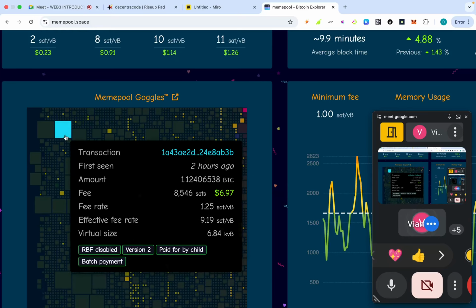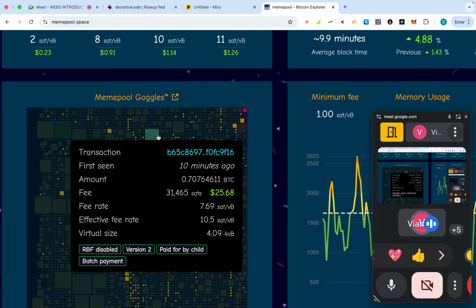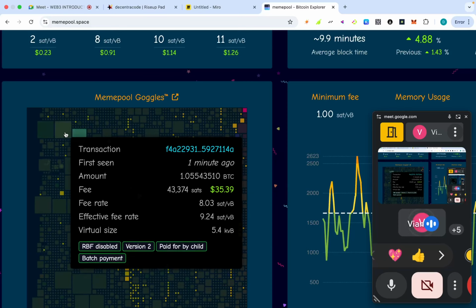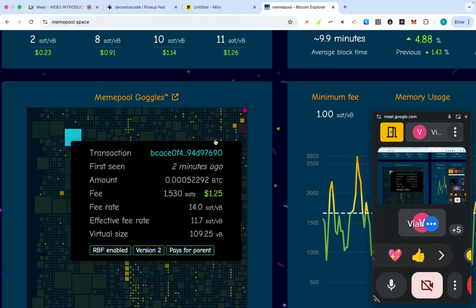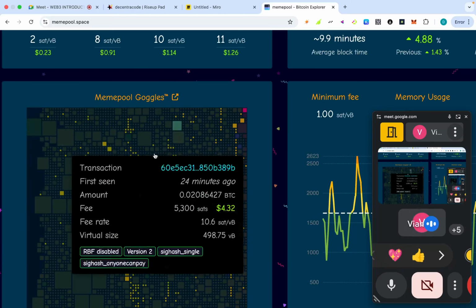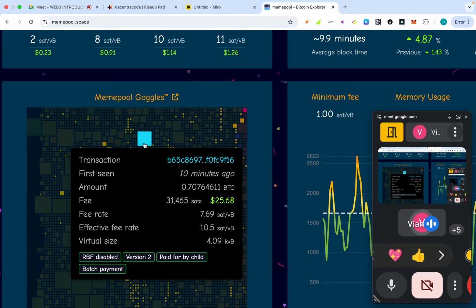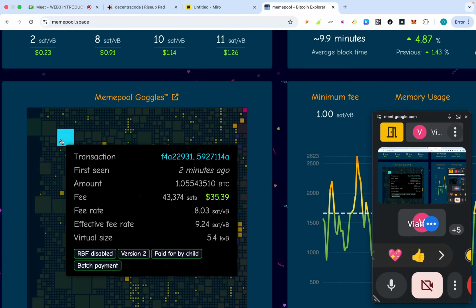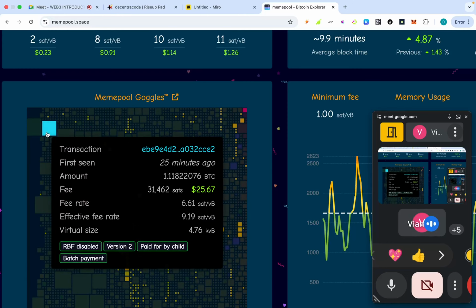Now I want you to look at this. Now this is 1.1, and it is almost the same price in gas fees as the one of 0.7.